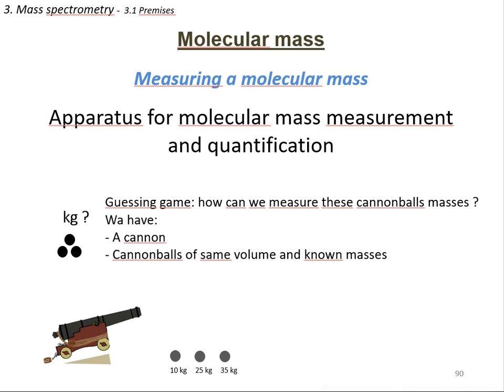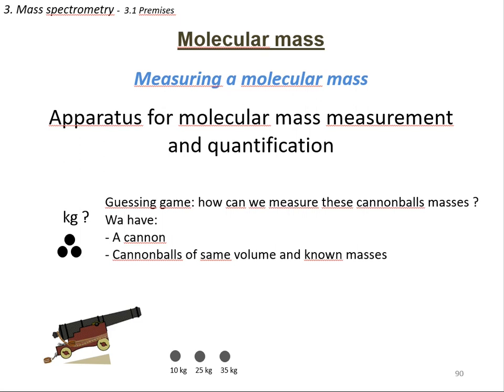So how does mass spectrometry work? It's an apparatus for molecular mass measurement and quantification. So let's play a little game. How can you measure the masses of these cannonballs if you have a cannon and other cannonballs of the same volume but known masses, like 10, 25, and 35 kilograms?